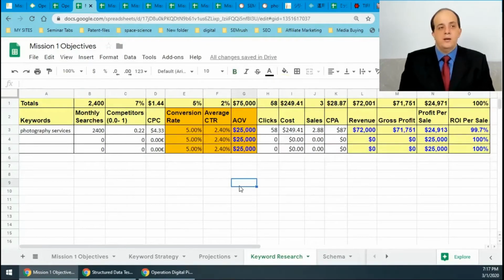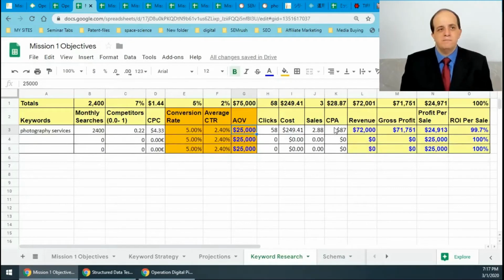Therefore, it's possible that photography services is not profitable from a search engine marketing perspective, because maybe it's too expensive. At $4.33 and a 5% conversion rate, okay, it is profitable because they have a $25,000 average order value for photography services, which means that it's definitely profitable for them.